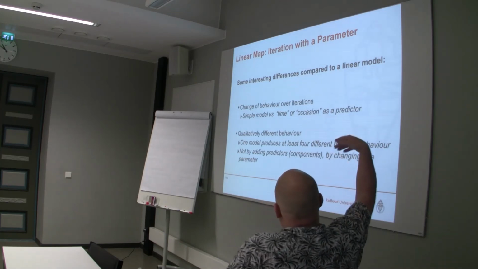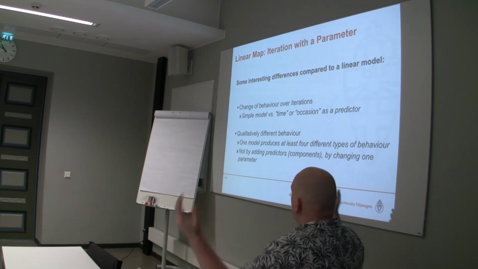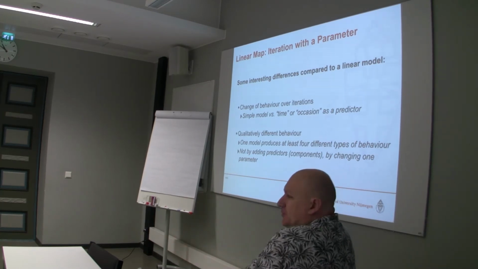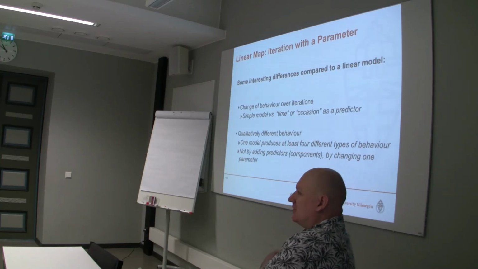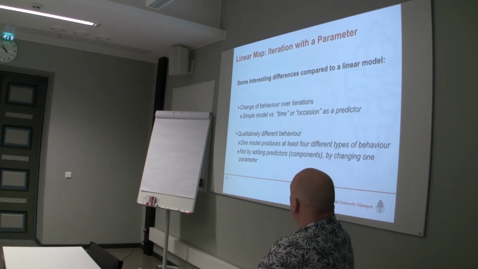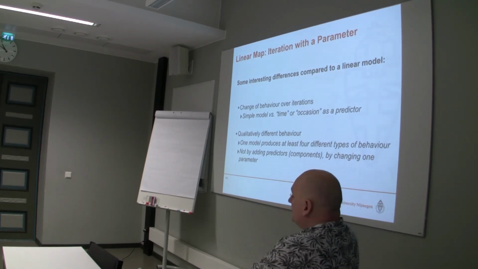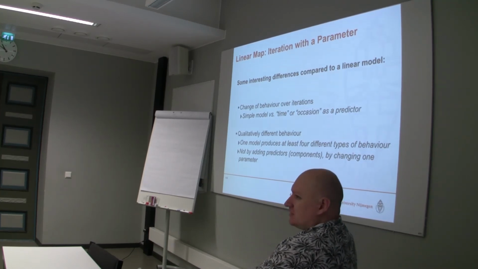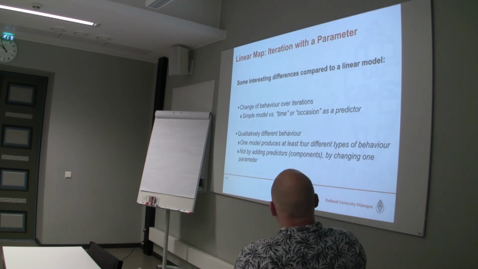And especially if you compare it to the linear models that you're used to, like a regression model, they only produce lines, right? Maybe if you put in polynomial stuff, but then you're actually putting in nonlinear stuff. A linear growth model is really something completely different in that sense.